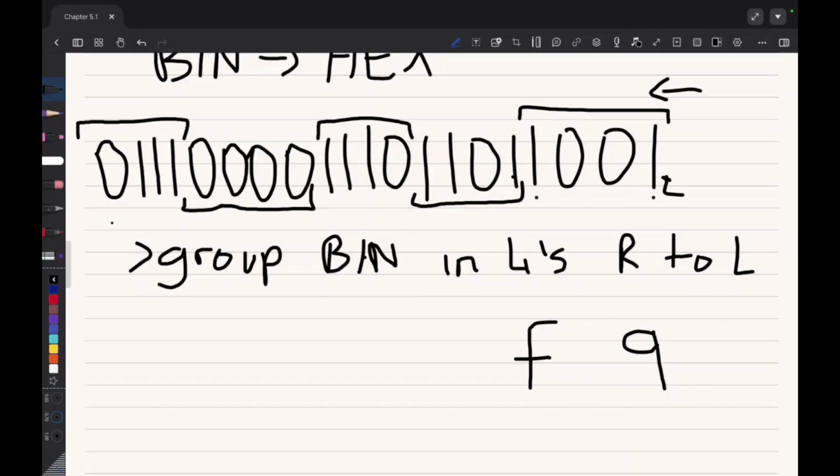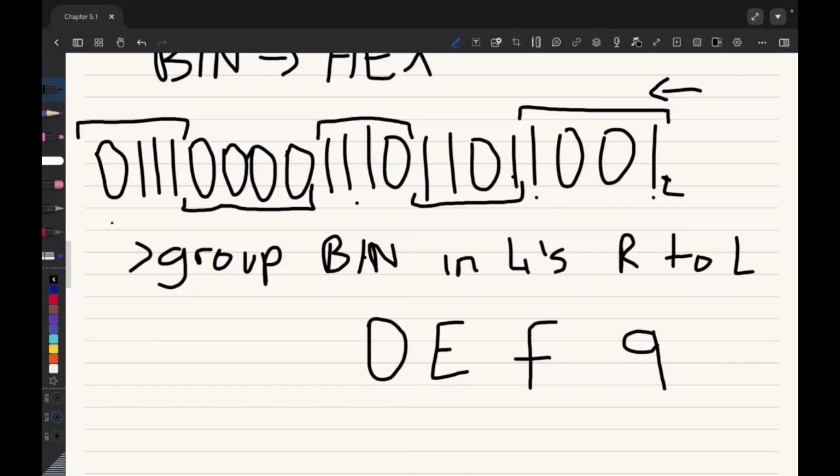Then we have this other number, 1110. Let's see, 8, 10, 14. 14 is E. Then here we have nothing, that number is 0.